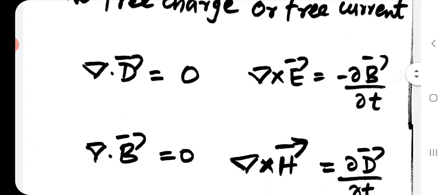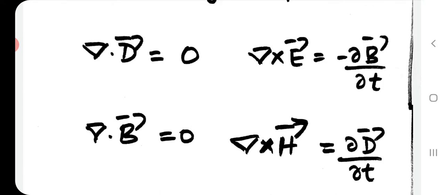So we have the Maxwell's equations: del dot D equal to 0, del cross E equal to minus dou B by dou t, del dot B equal to 0, del cross H equal to dou D by dou t.